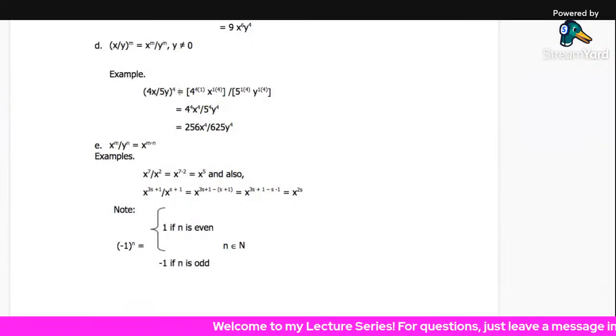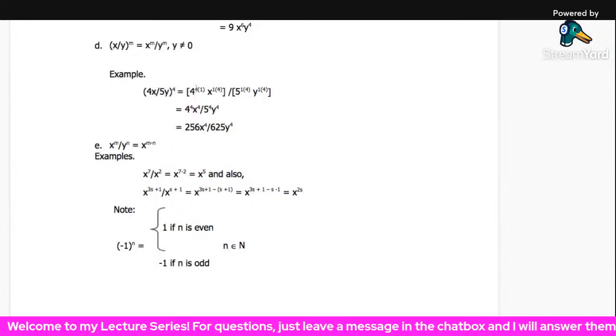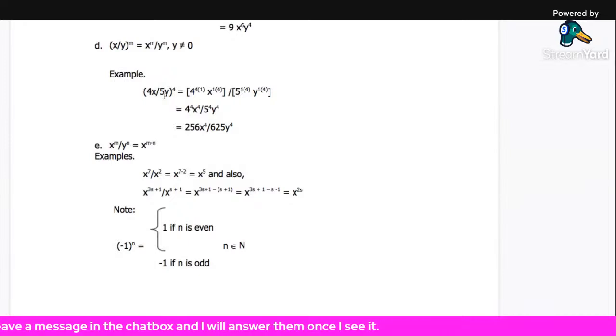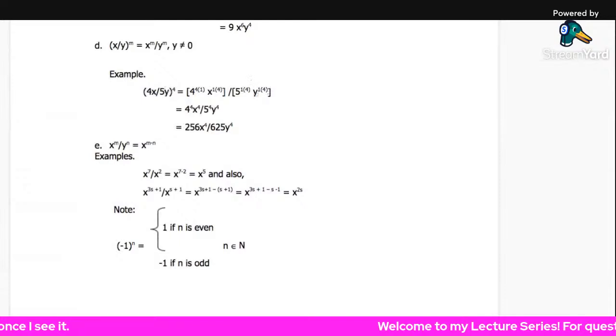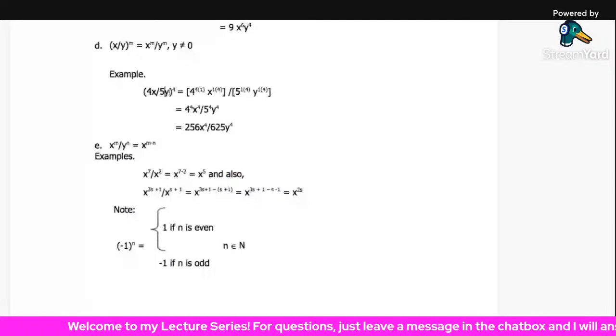So you're going to raise everything that is found in the numerator and in the denominator with 4. So in this case, we have 4 times x. So you will have 4 raised to 4 and x raised to 4 over our denominator would be 5 raised to 4. Then you have y raised to 4. Okay, do not be confused by 1. The 1 here is the exponent of the variable y and the variable x. That's why you have 1.